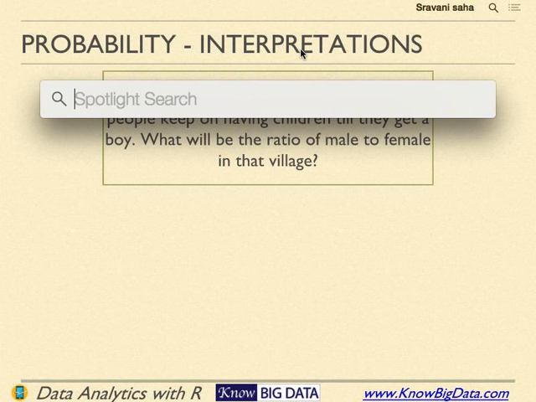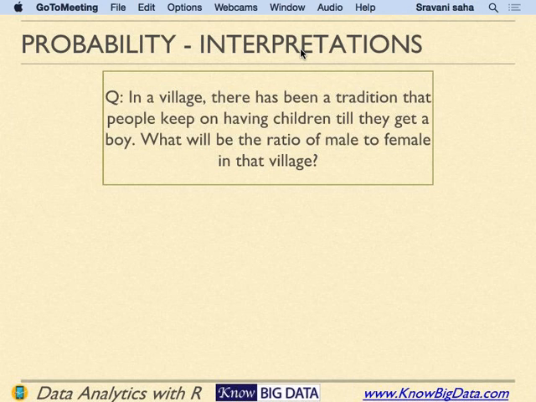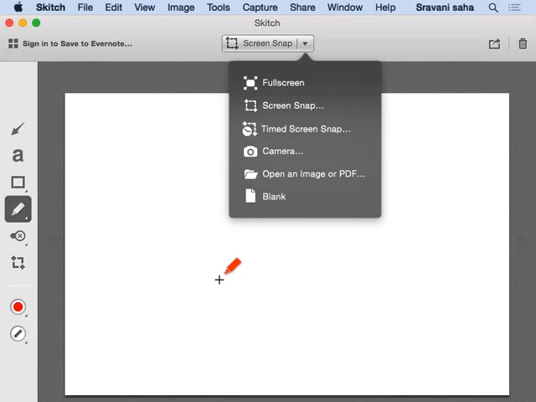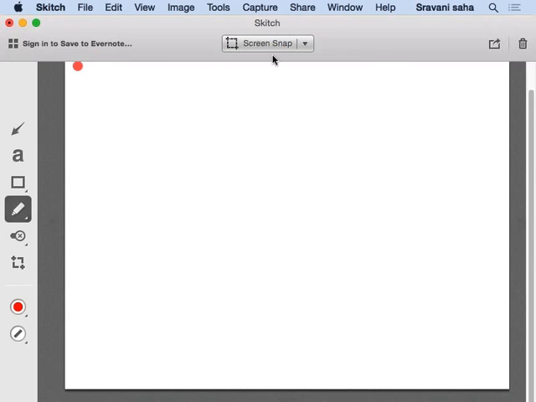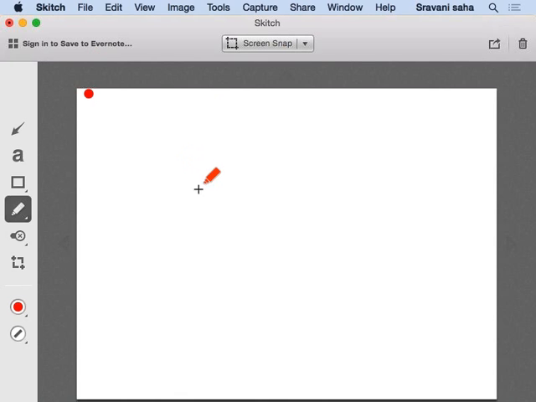Now, I'll try to draw this. So let's think about it. What would happen? Okay? Let's say there was a person. The chances of having a boy and girl is equal, right?